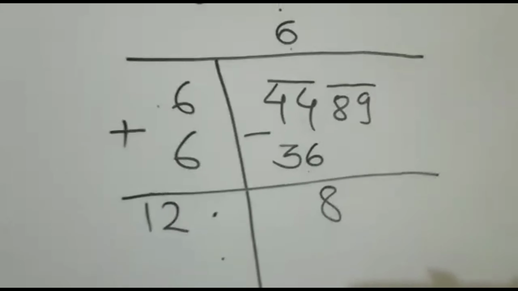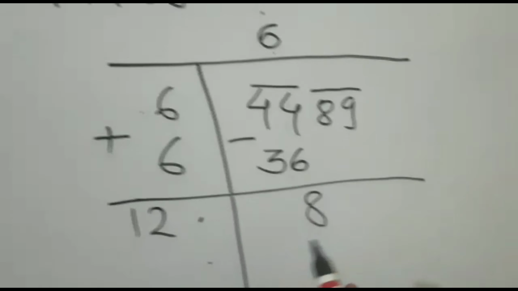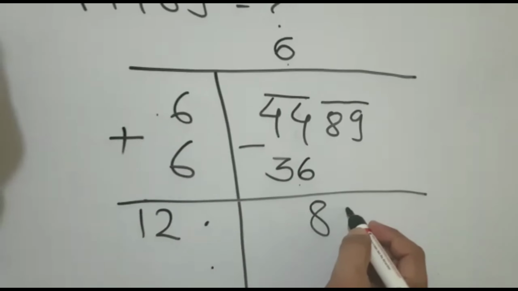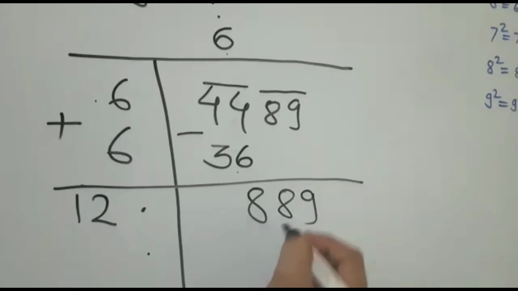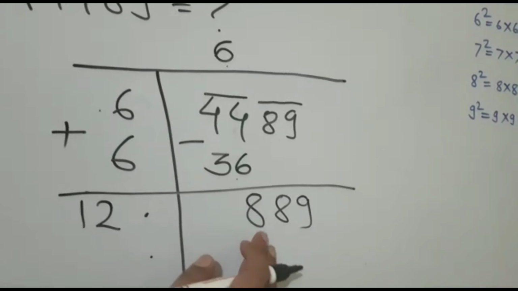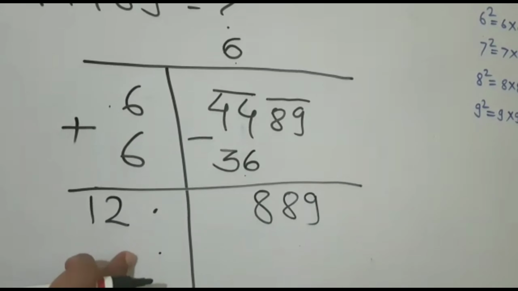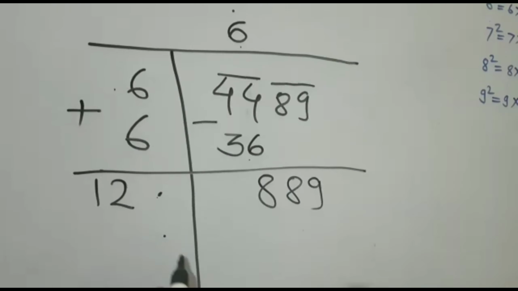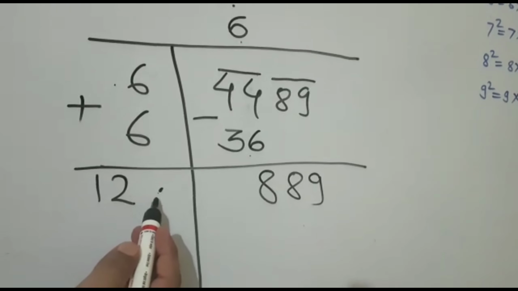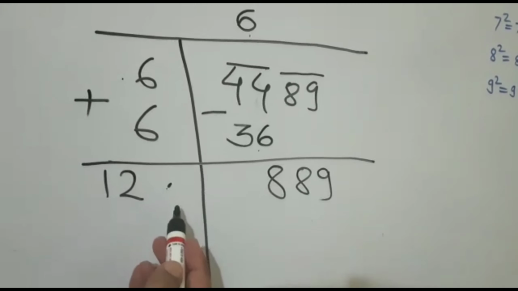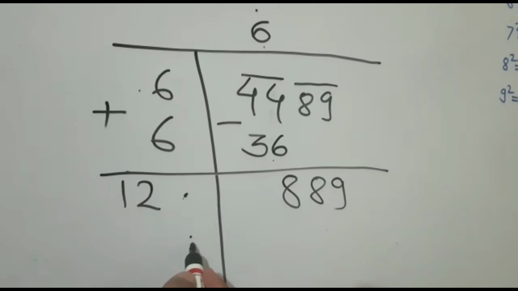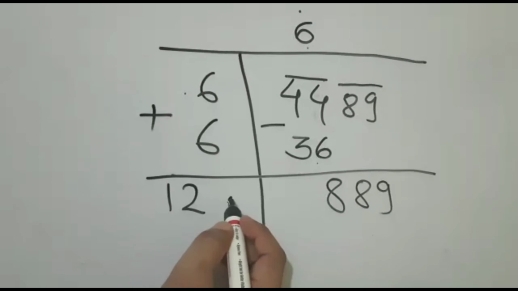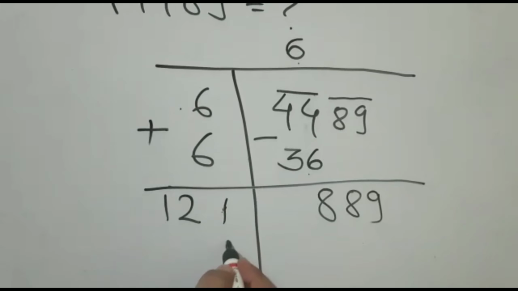Why? Because I will tell you again. Now bring down the 89 in front of 8. Now we get 889. Look here. Here is a blank space. Now we have to take a number from 0 to 9 here. That is the same number. If we take 1 here, then take 1 here.